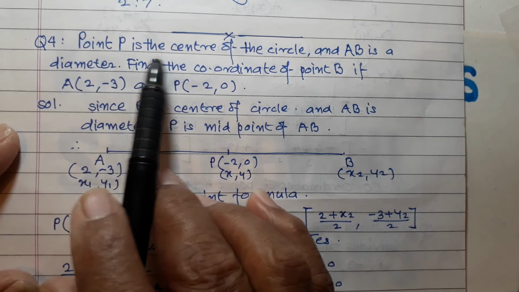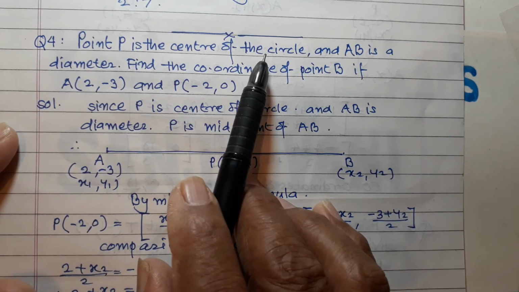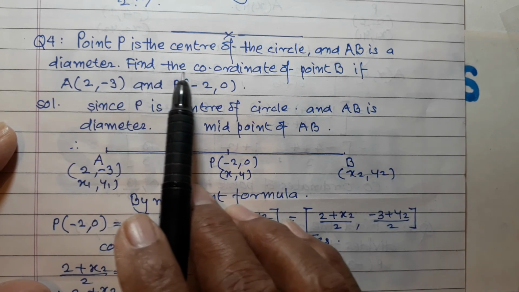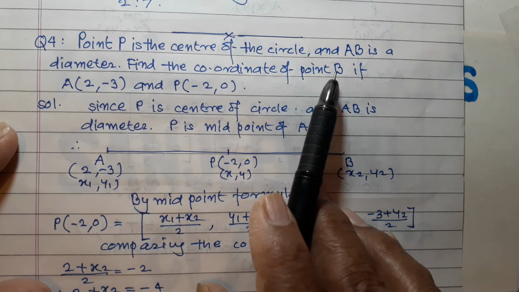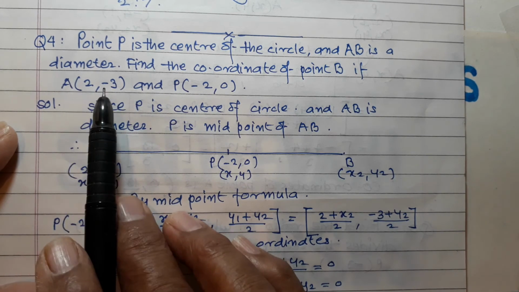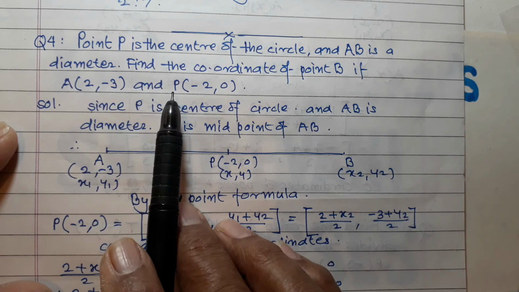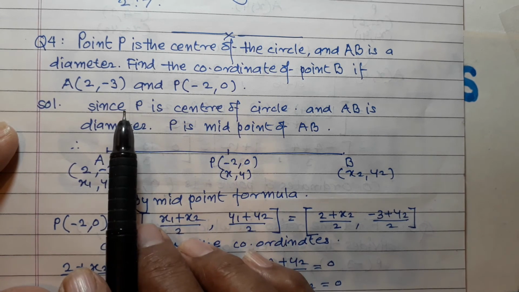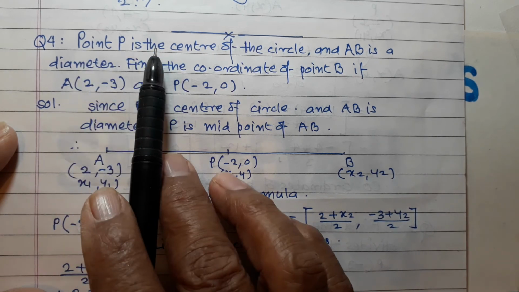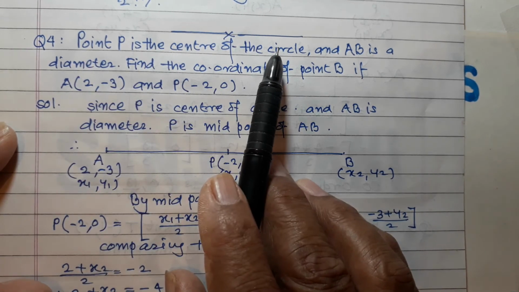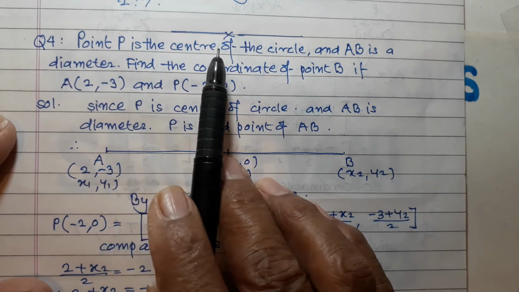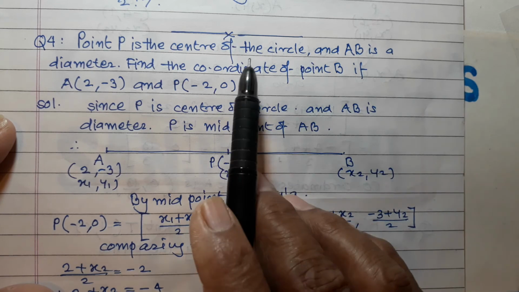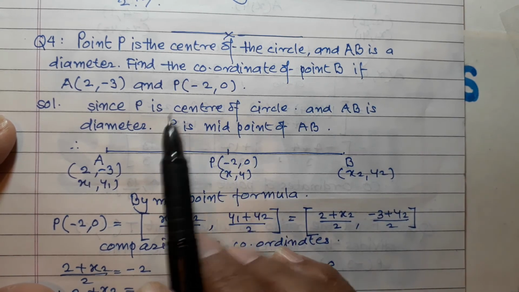Point P is the center of the circle and AB is the diameter. Find the coordinates of point B if A is (2, -3) and P is (-2, 0). Now in this case, P is the center of the circle, that means P is the midpoint of what? Diameter AB. So use the midpoint formula.